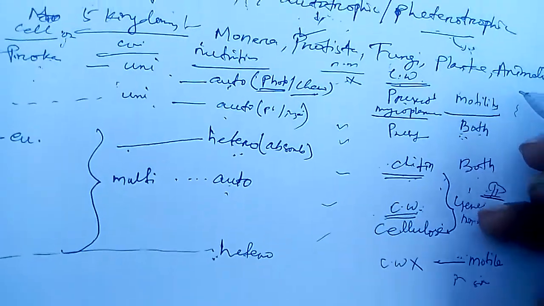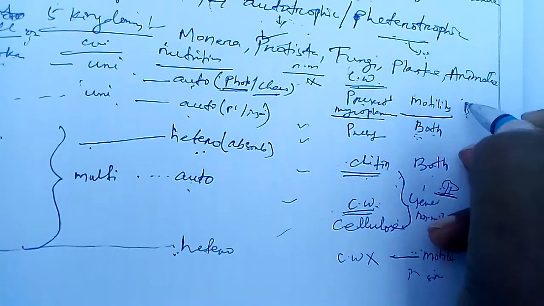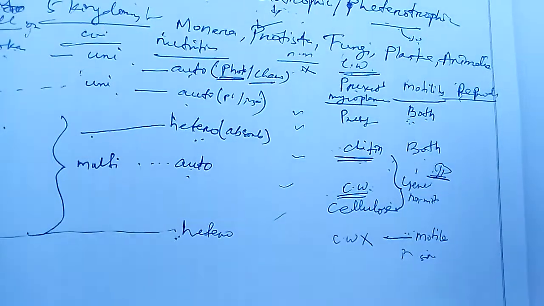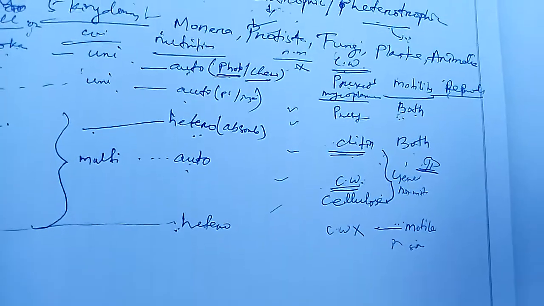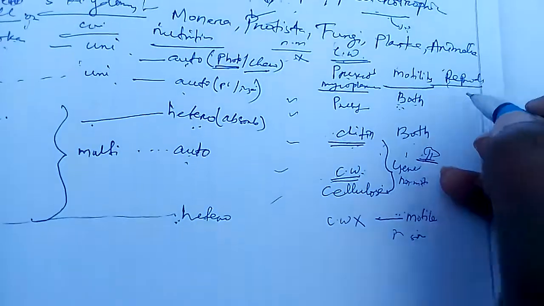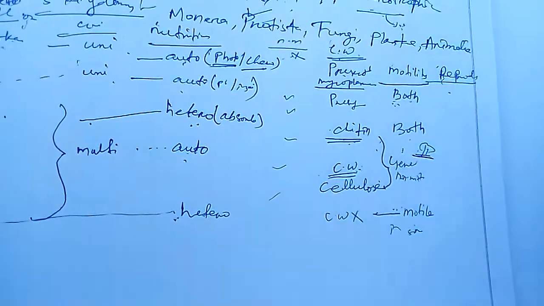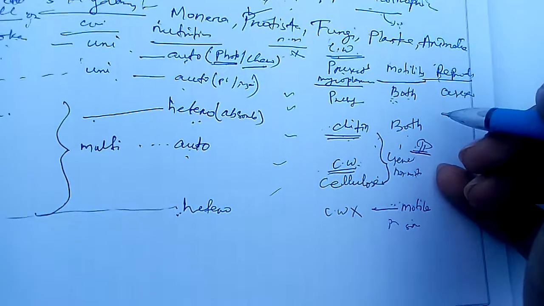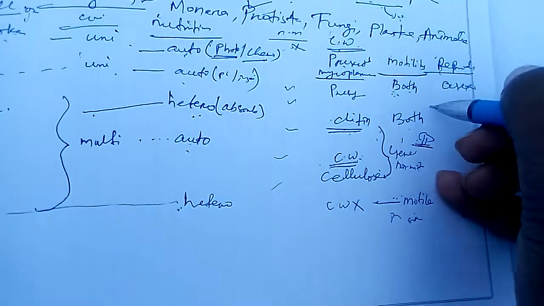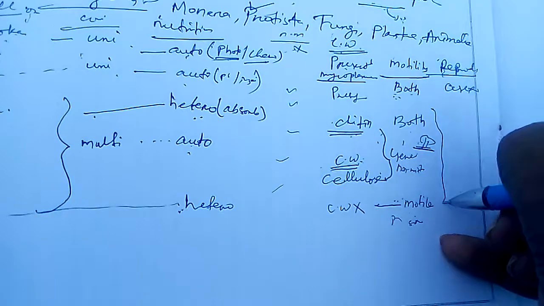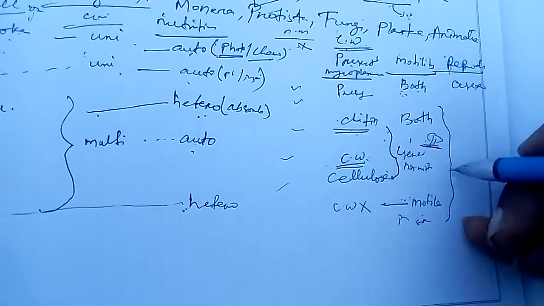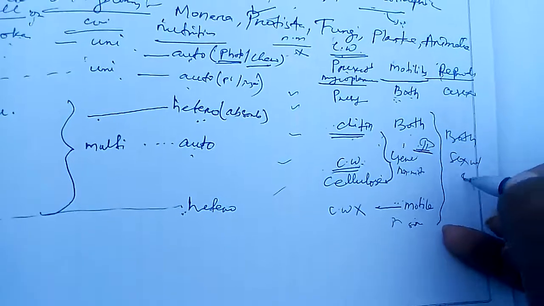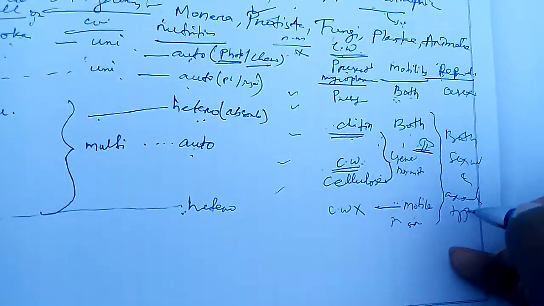Then another point we discuss is the type of reproduction. We know reproduction generally occurs by vegetative, sexual and asexual means. All Monera reproduce by the asexual method only, just like binary fission, budding, etc. Excluding Monera, all the others, Protista, fungi, Plantae, Animalia, reproduce by both sexual and asexual types.